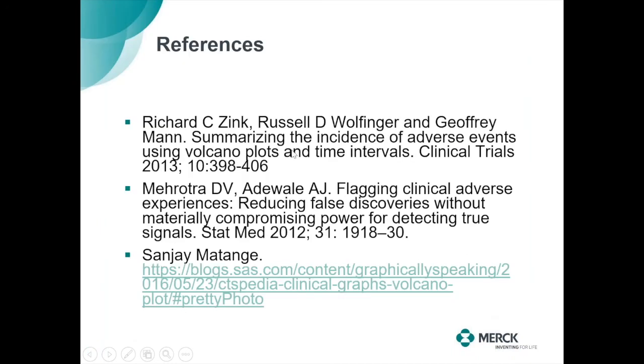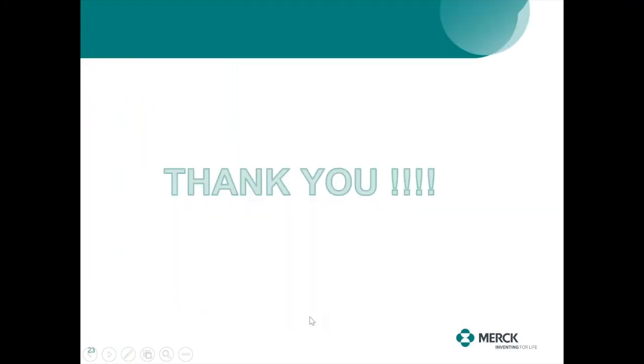Mostly this paper gives information about the applications of Volcano plots in safety evaluation. And if we are interested to learn more about false positives like type 1, type 2 errors, and multiplicity adjustments, this paper will help. And the last one is the code for how to generate this Volcano plot. Thank you.